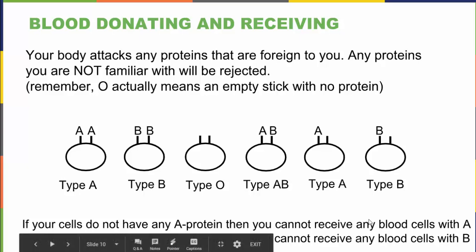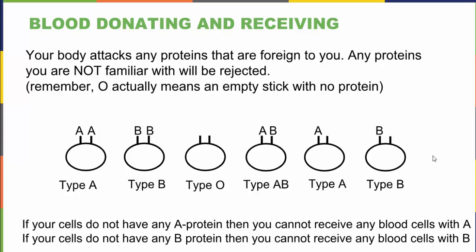So you cannot receive blood cells that have A protein. So if your type of blood does not have any A's on it, that means that you cannot receive A's because your body thinks that A is an invader. Same thing with B. If your blood cell does not have any B's on it, you cannot receive blood cells with B because your body thinks that those are invaders.